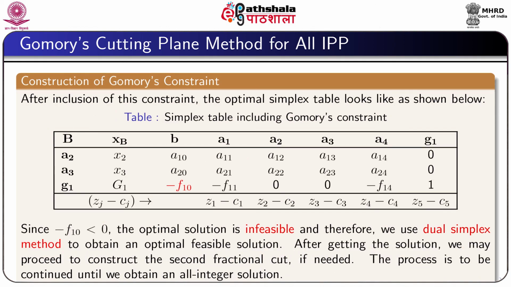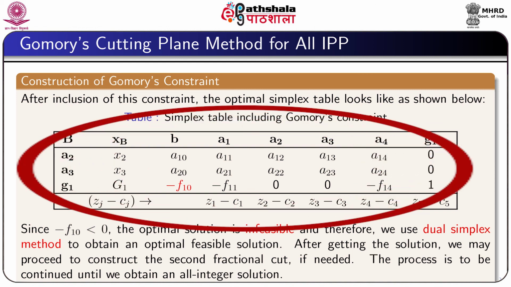After inclusion of this constraint, the optimal simplex table looks like as shown in this slide. You see that one additional row, that is the third row, is included, and also one additional column for G1, the last column, is included.